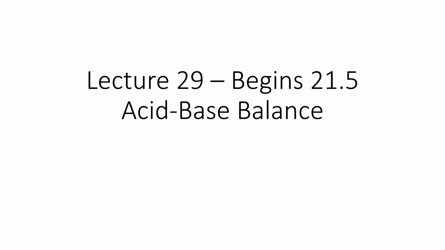So to your lecture outline then, and notice now we're starting on page 815 with figure 21.9 up at the top of the page, and we're looking at various sources of hydrogen ions.